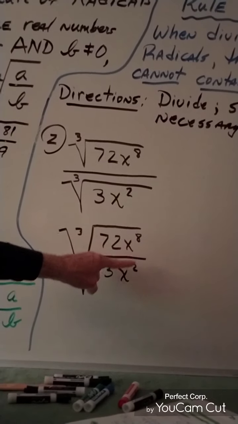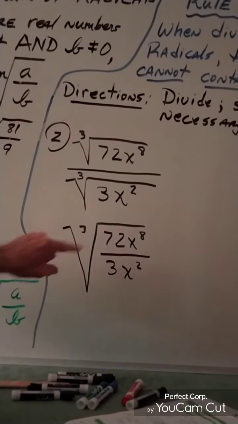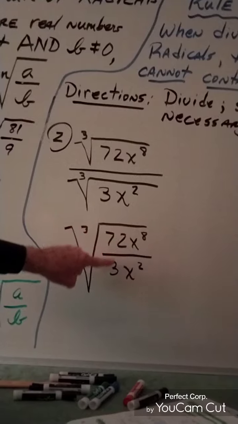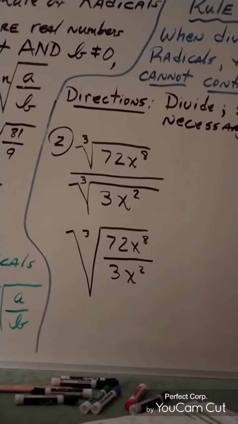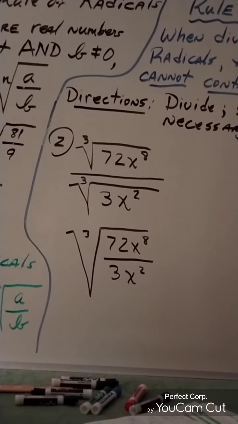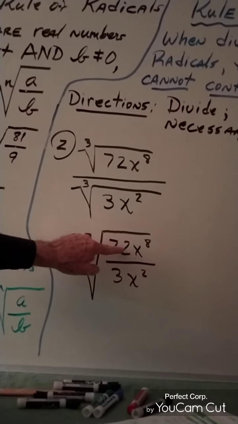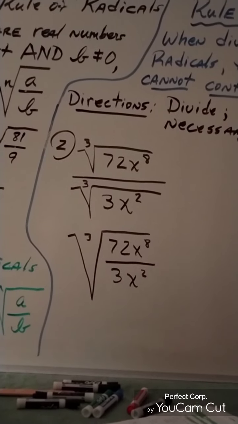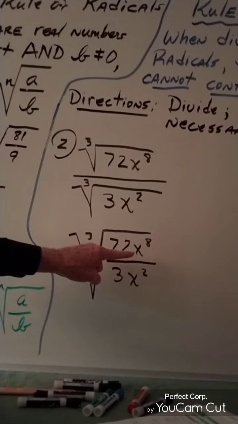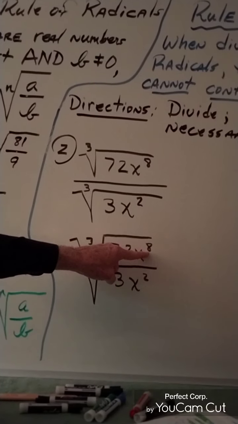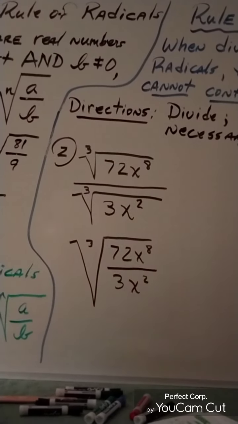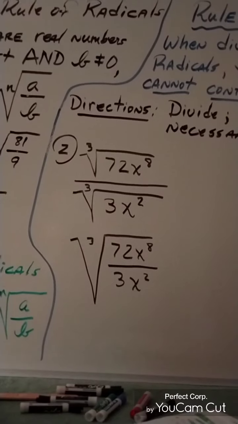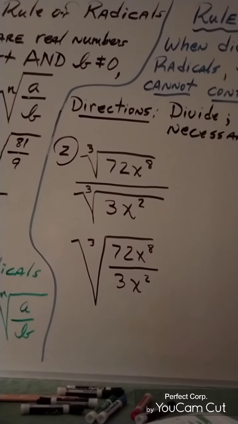Now we look at the overall radicand. We're going to divide 72 by 3, and 72 will be divided by 3 evenly because 7 plus 2 is 9. And we most definitely can divide the x to the 8th by x squared because the bases are the same, so we'll subtract exponents.